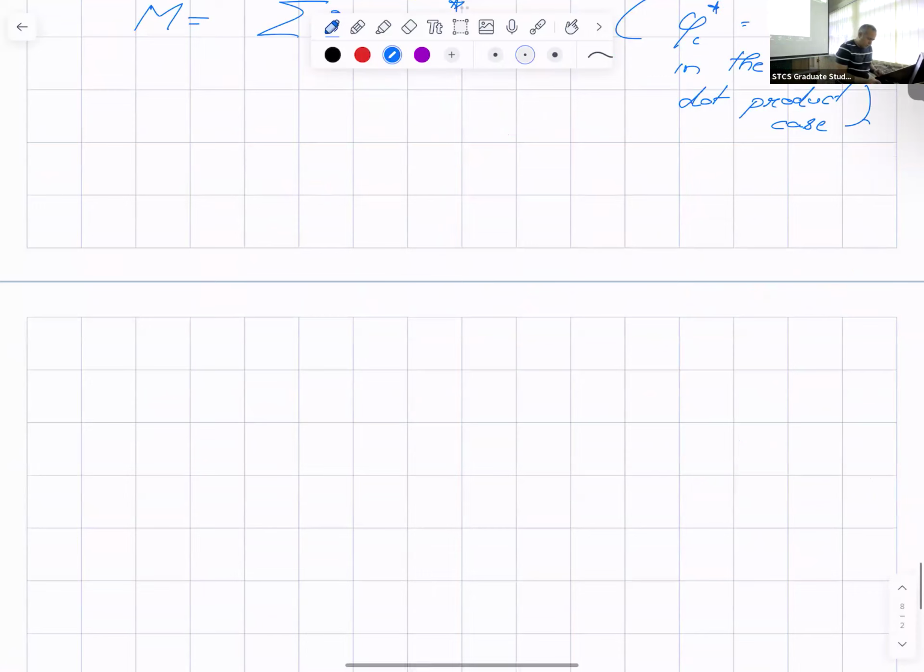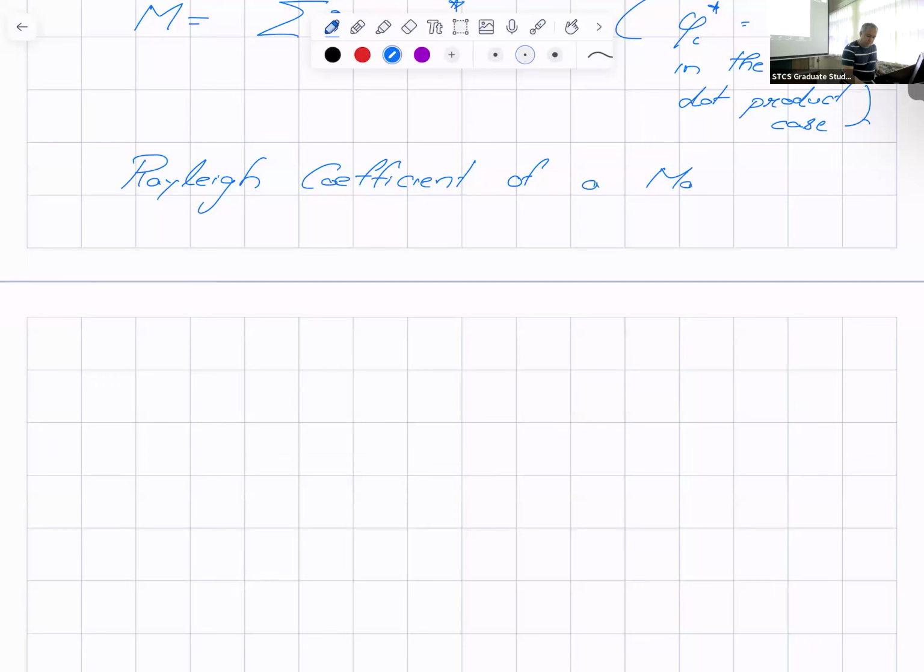I want to go to one other thing before I write down properties. I'll need what's called the Rayleigh coefficient. You're given a matrix M and some non-zero vector x.